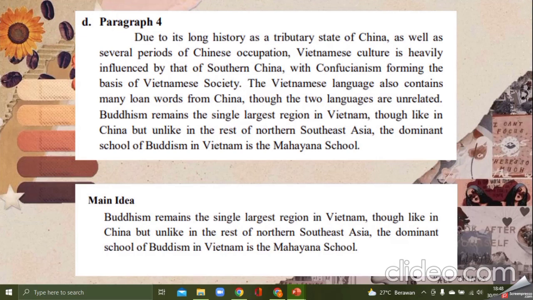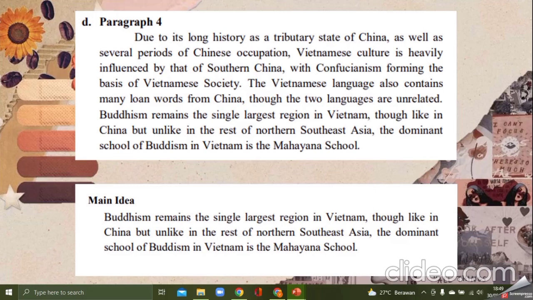Due to its long history as a tributary state of China, as well as several threats of China's occupation, Vietnam's culture is heavily influenced by that of southern China, with Confucianism forming the basis of Vietnamese society. The Vietnamese language also contains many loanwords from China.